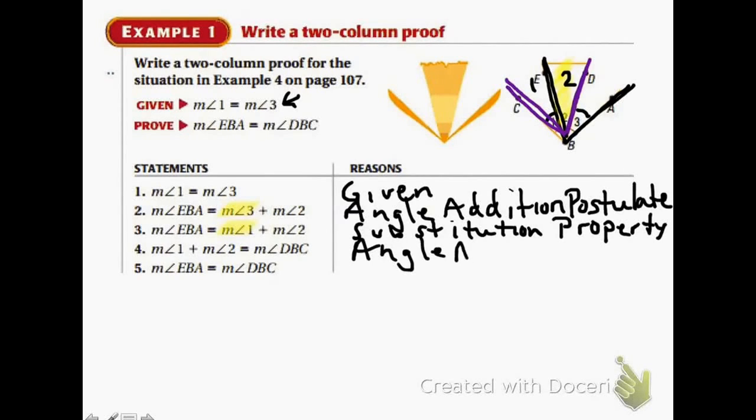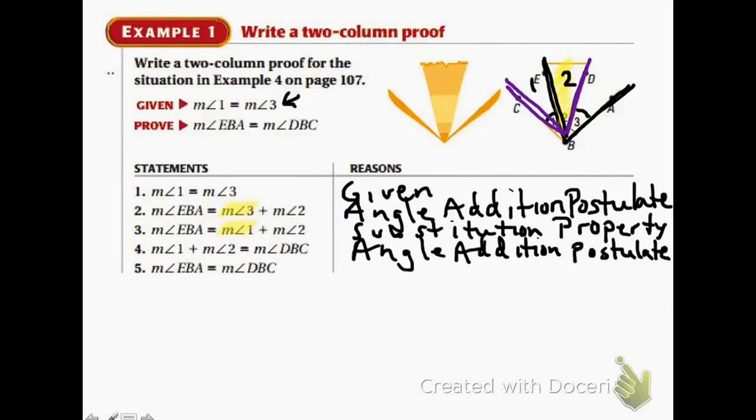Now this is what we talked about in class. If you get tired of writing out angle addition postulate, you can write something like angle add post, P-O-S-T. But for right now, I'm just going to go ahead and write each one of them out. Alright, last statement. One more to go.